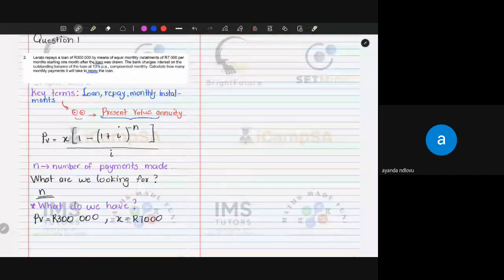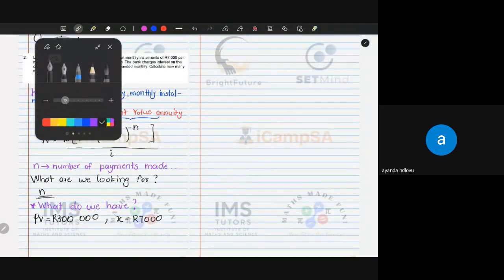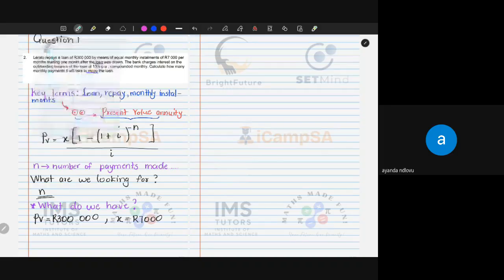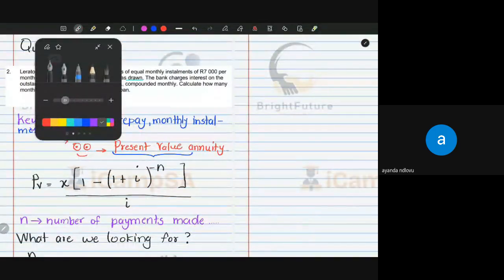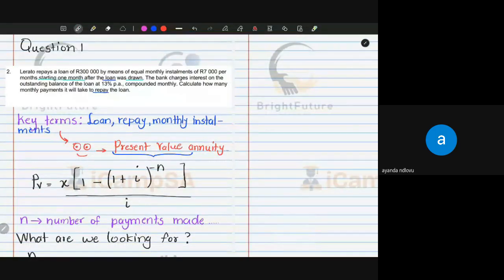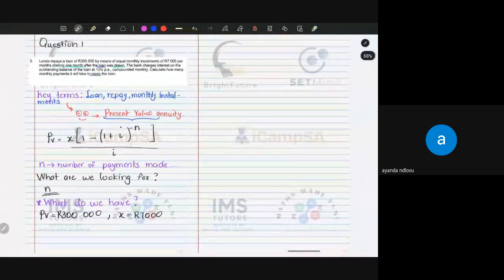And they further tell us that the loan, and there are terms that are very important, which we will look at, they say installments starting 1 month after the loan was drawn. So that 1 month, we will see what it means in our timeline.